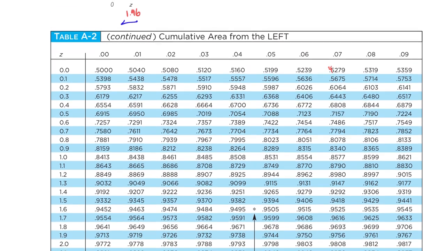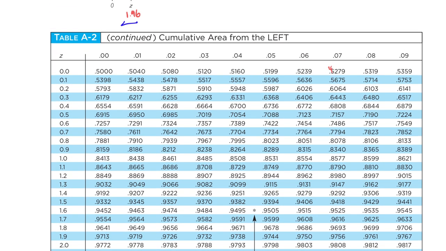There it is. And then to get 1.96, we would go to the first row and locate 0.06. Together, this will give us a z-score of 1.96.